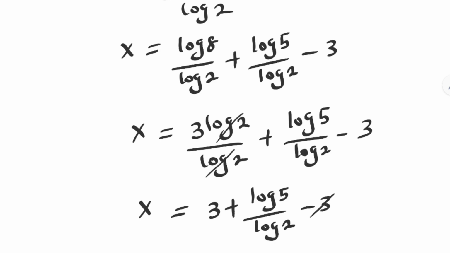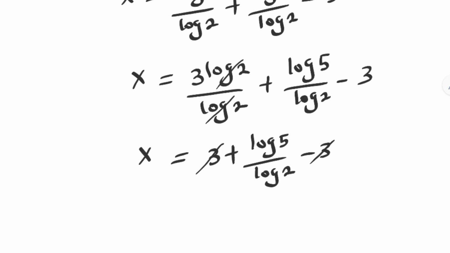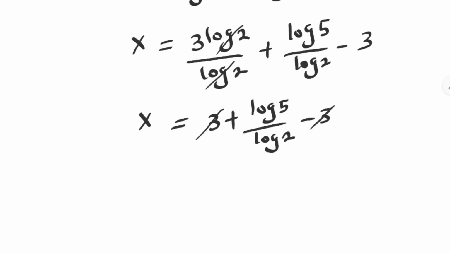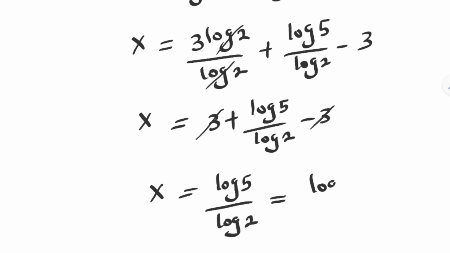This minus 3 cancels this plus 3. x is equal to log 5 over log 2. This is equal to log 5 base 2. So this is the final answer.